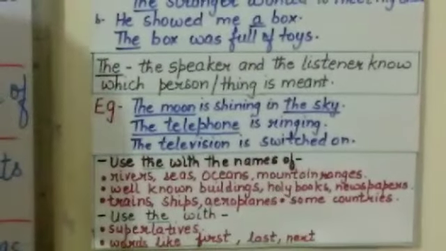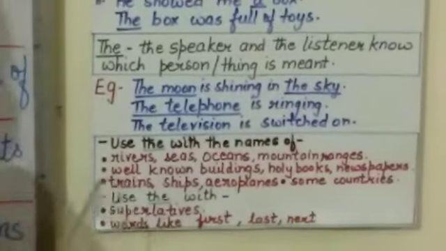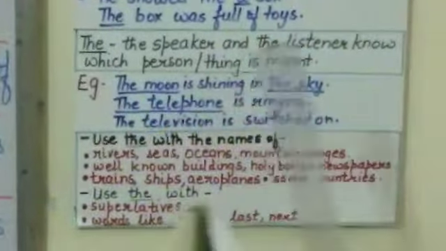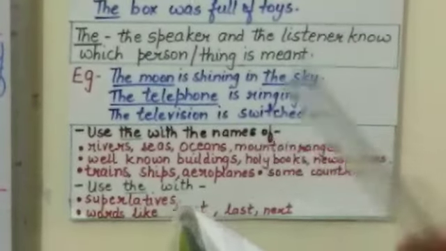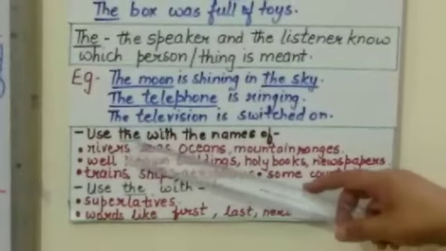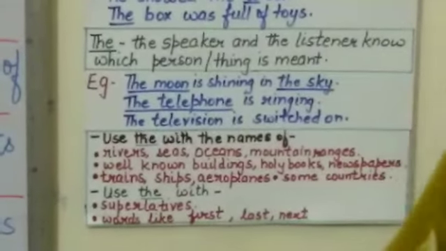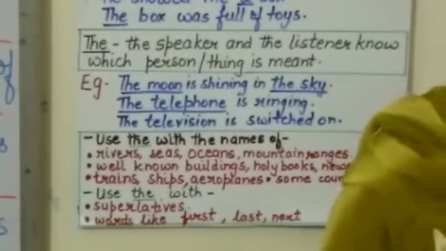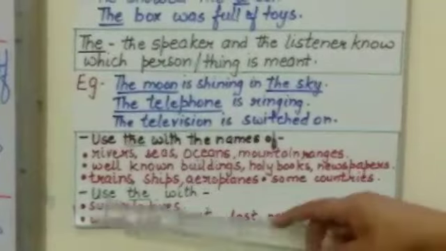Now these are the three cases, and coming to the last and final case for the, it's a big, vast case. How to explain to you all? Rivers, seas, oceans, mountain ranges. The names of all these begin with the. Like we say, the Kaveri, the Black Sea, the Indian Ocean, the Himalayas. So they begin with the.